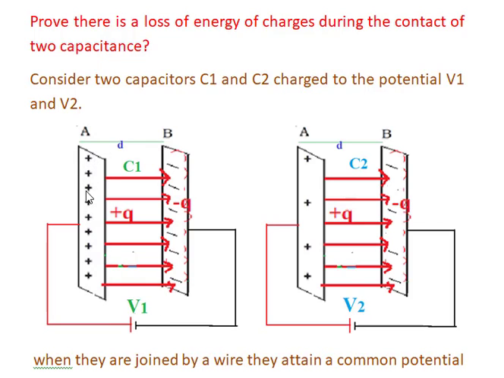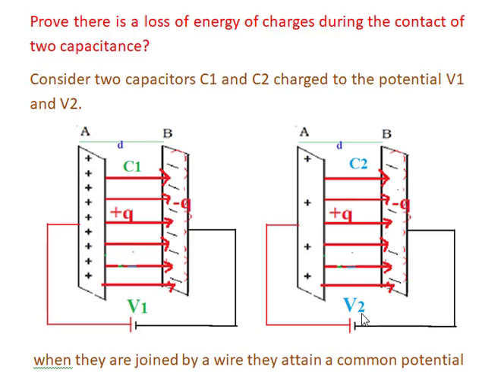So the positive charges are here and the negative charges are here, plus Q and minus Q. The two plates are separated by a small distance d. Another capacitor, of capacitance C2, is charged with the potential V2.